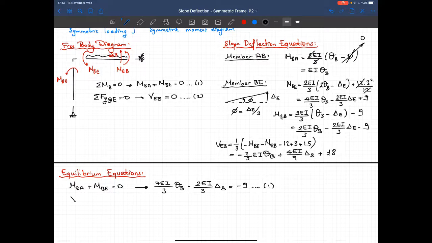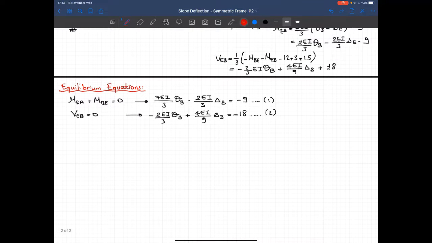Now for the second equilibrium equation, we said that VEB equals 0. So I got minus 2EI over 3 theta B plus 4EI over 9 delta E equal to minus 18. That's my second equilibrium equation. I've got two unknowns and two equations. Now the solution.